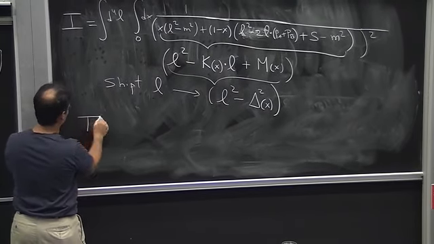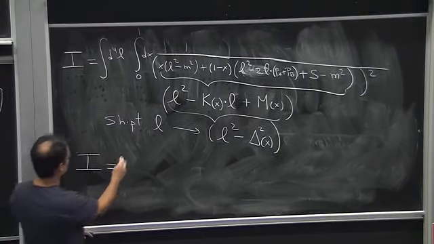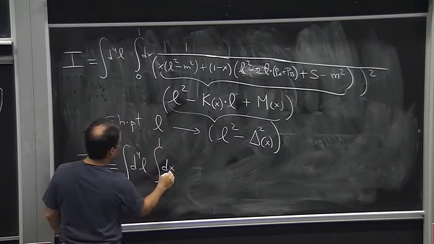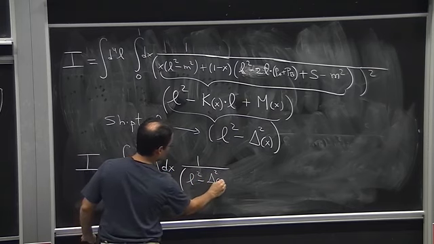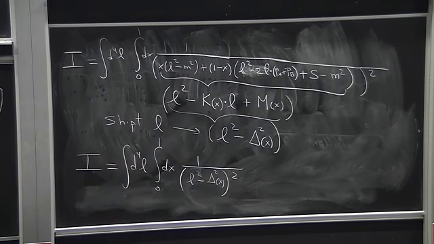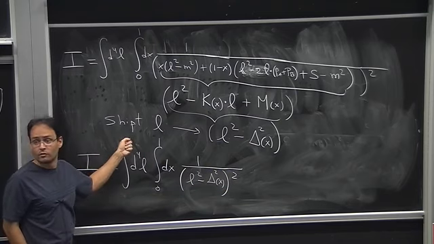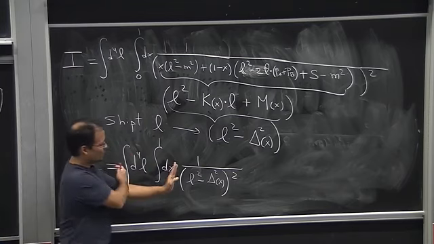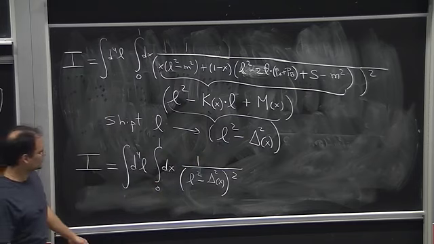Now our integral becomes the integral d^4 L, integral from 0 to 1 dx of 1 over (L squared minus delta of x squared). So here is where you have two options. One is to introduce a cutoff. Now the integral is finite, and then you can swap the integrals and carry out the integration and get an answer. So that would be the cutoff procedure.